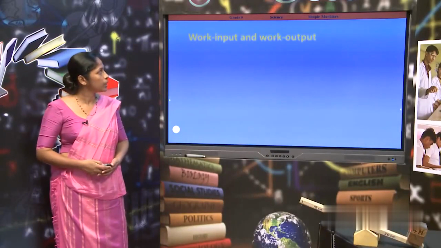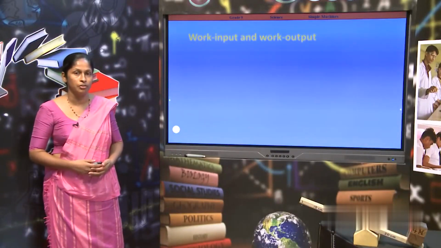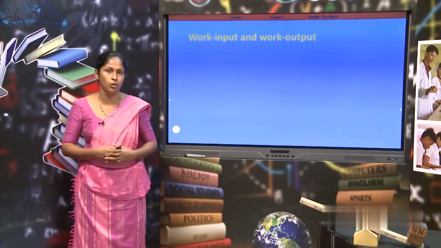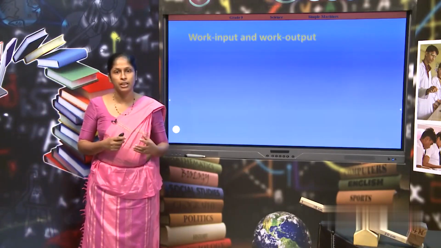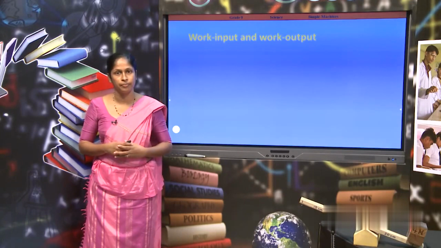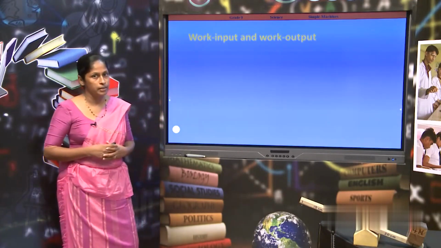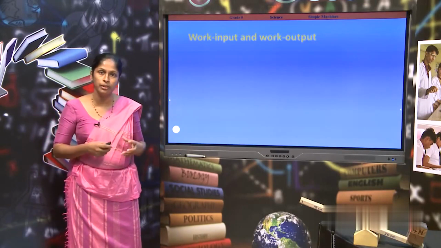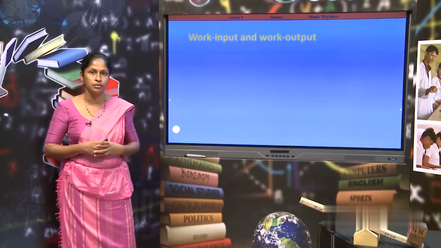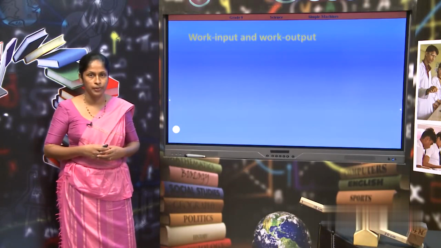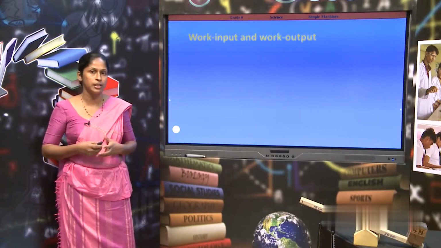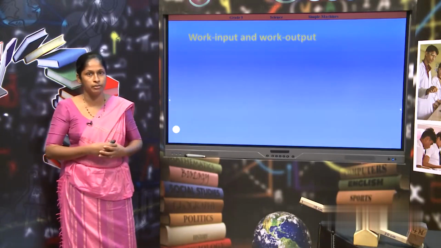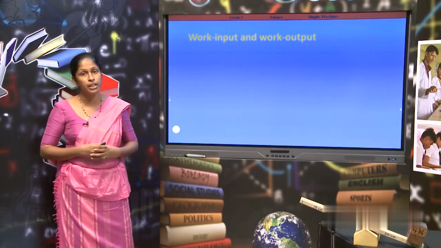Okay children, now let us do another important part of simple machines, that is work input and work output. We all know we have to exert a force to do work by the simple machine. The force that we exerted to do the work on the machine is called work input, and after exerting a force, the machine does a particular work, that is called work output.